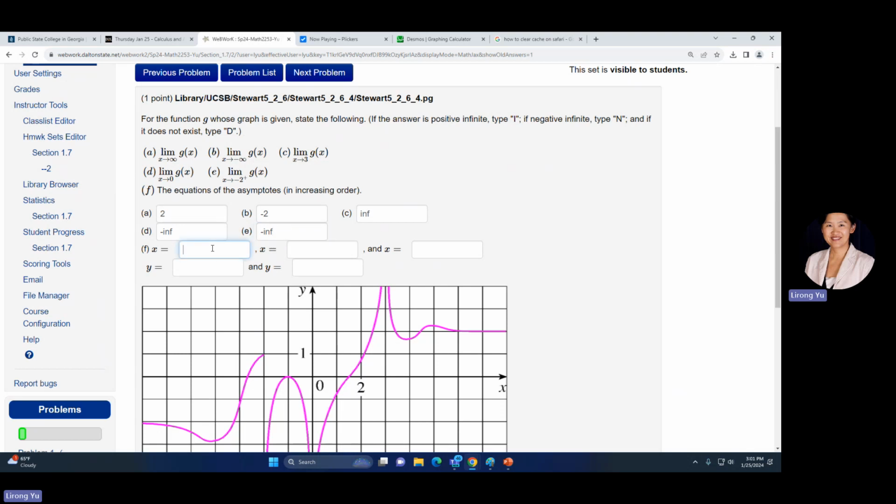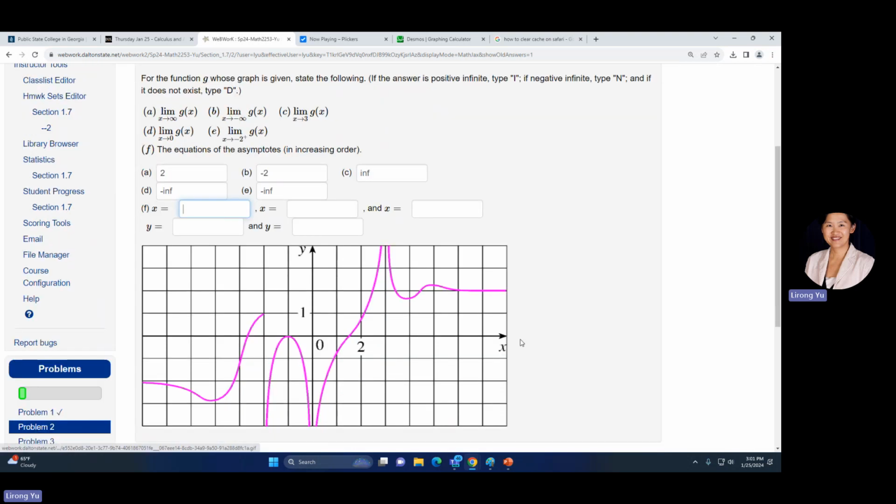And then F is the equation of the asymptotes. We got a bunch of asymptotes. They were whenever you had infinity. So this is an asymptote. This is an asymptote. This is an asymptote. Those are all x values, right? So all the vertical lines. That's -2.